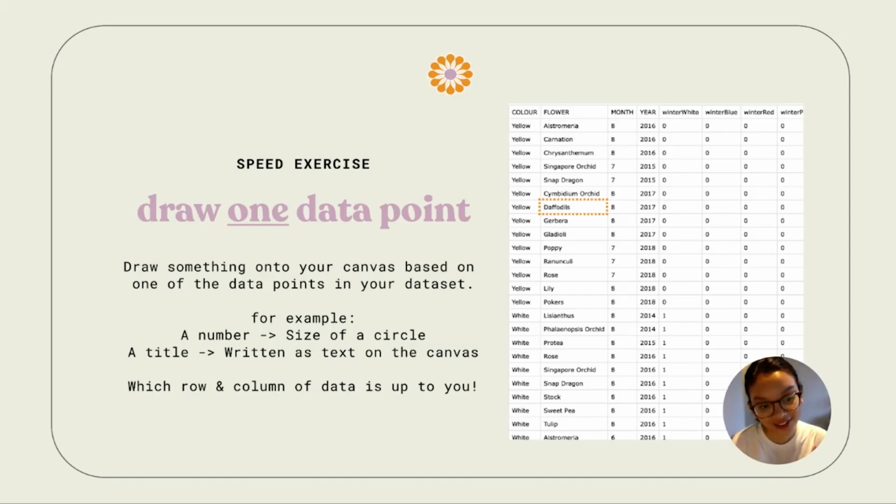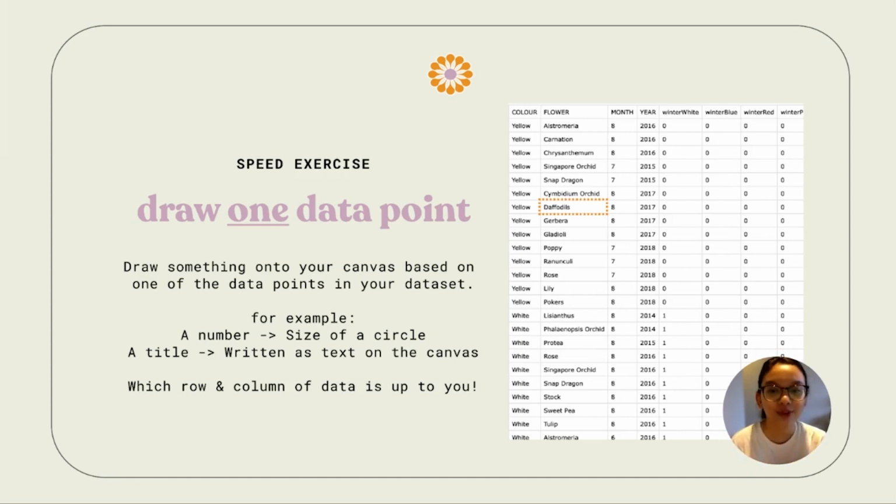All right, so after we've covered all of that, now it's time, as you know it, for another speed exercise. This is a super simple one, but following the steps that we've covered just now, I want you guys to draw something onto your canvas like we just did, based on one of the data points in your data set. So it's basically replicating what we've just done in this video.